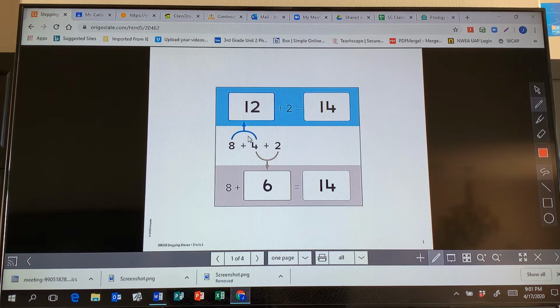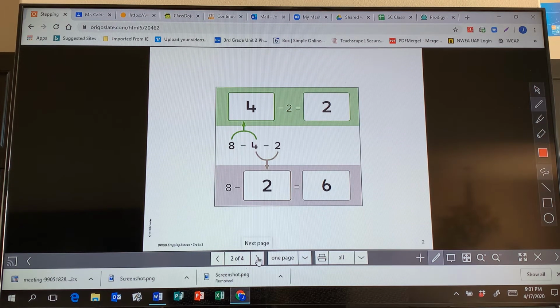For example, if we break 12 down into 8 plus 4 plus 2, then we can regroup 4 plus 2 to equal 6. So 8 plus 6 equals 14. Both of these equations have the same sum, but it's showing us different ways that we can break down a number. All right?